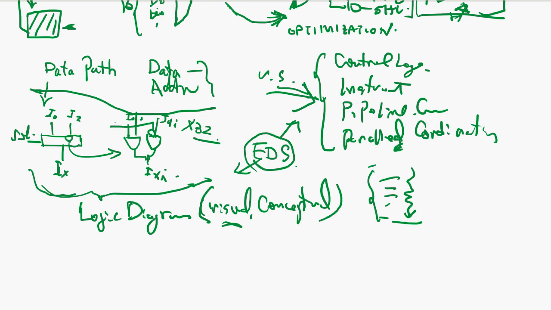One designer is assigned to make a data path for, like, a memory access, and then the memory control logic is going to be HDL, but the memory access, address, and data path can be logic diagram design.